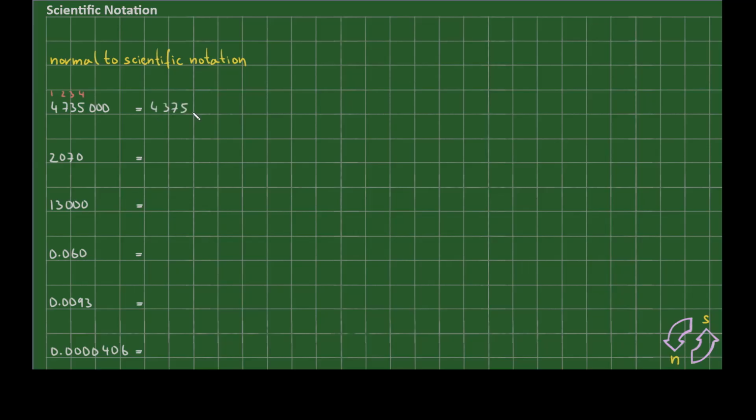The decimal point is placed after the first digit, in this case the 4, and so we have 4.375. The magnitude is a base 10 power, and so I can already write multiplied by 10. I need the exponent. What is the place value of the leftmost digit, in this case the 4? It is in the million position.